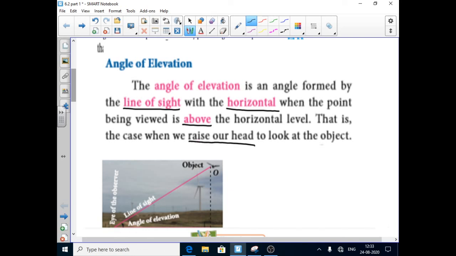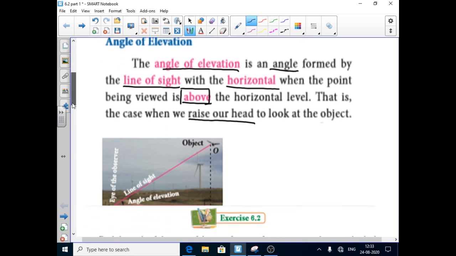In your book also you underline this concept. Angle of elevation is the angle formed between the line of sight and the horizontal. There is also the angle of depression. The important point is: if the point is viewed above the horizontal level, it is angle of elevation; if below, it is angle of depression.